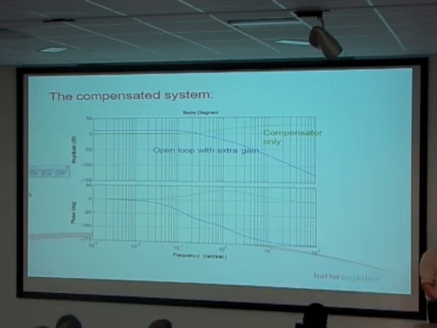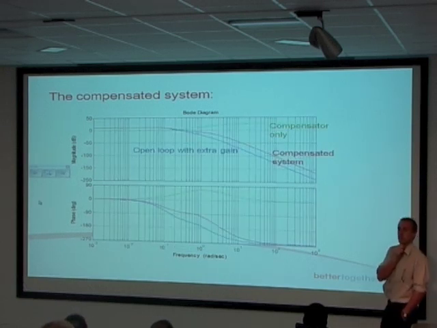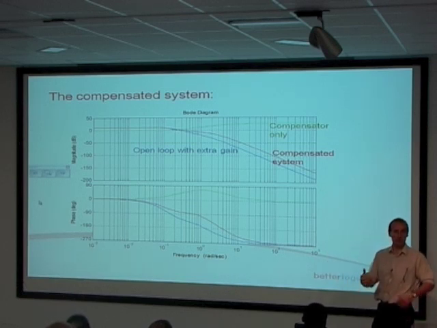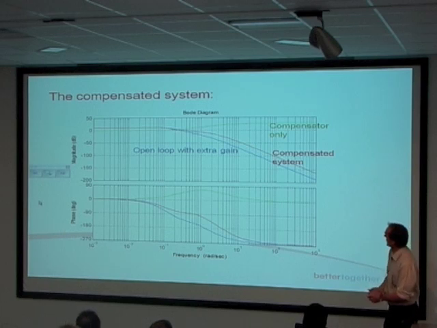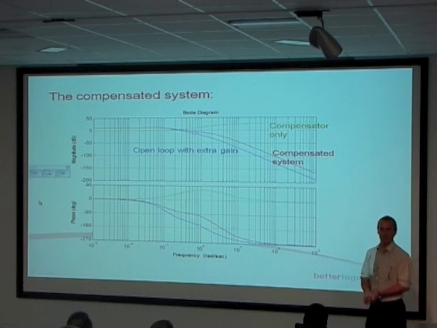So what happens when I combine the compensator with the system? Well, then we get the red one. Okay, and you know now how to deal with Bode plots, how we add pictures together, and the red line there represents the compensated system.